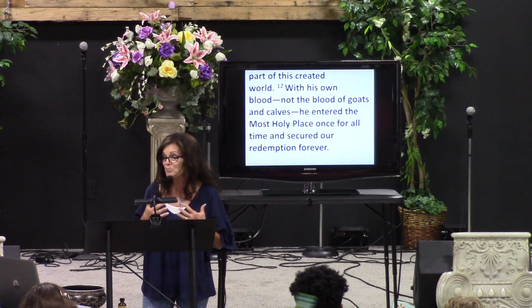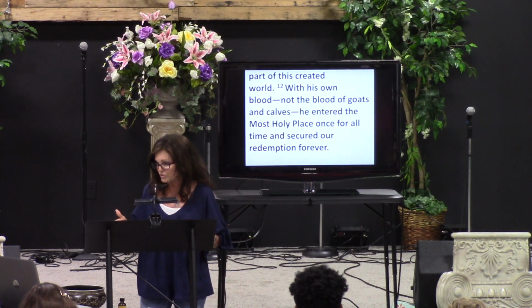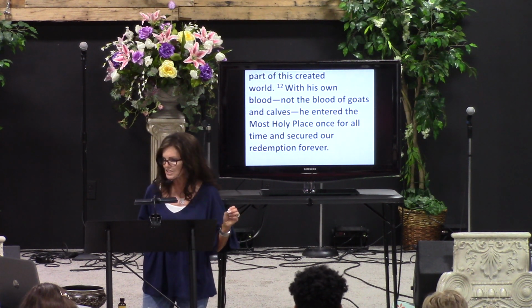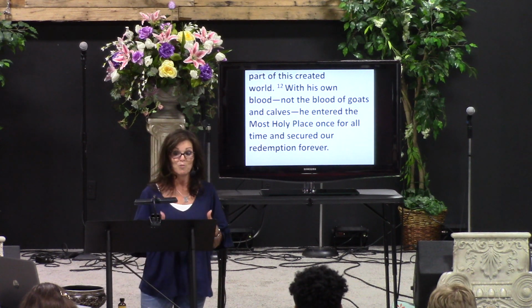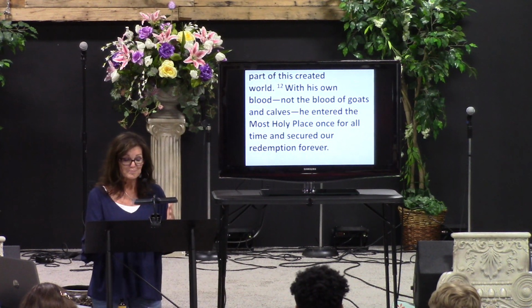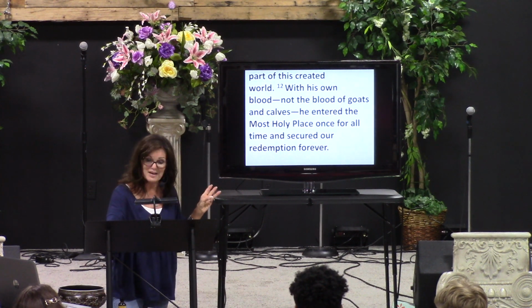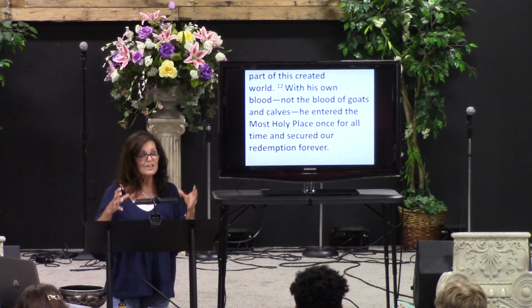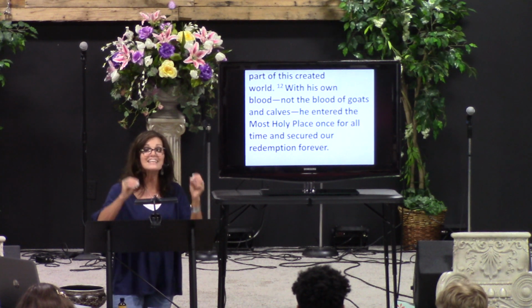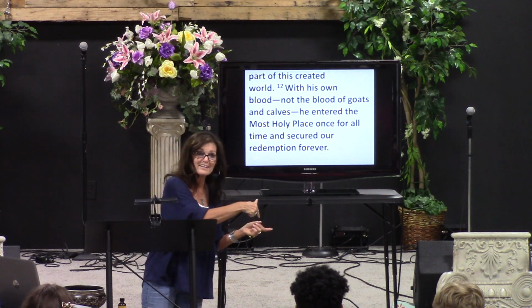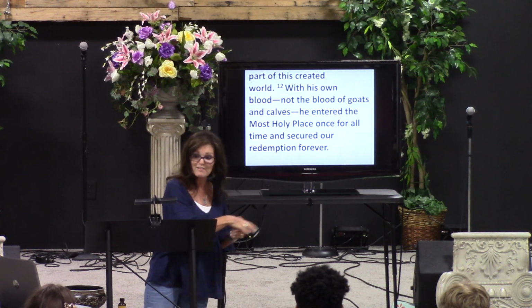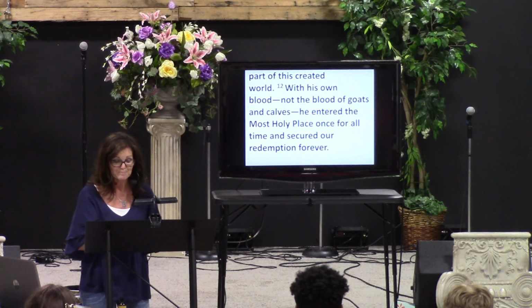With his own blood, not the blood of goats and calves, he has entered the most holy place once for all time and secured our redemption forever. Wow. So, by these three passages, we can clearly see there is a functioning temple in heaven, just like the blueprint that God gave to Moses at Mount Sinai.